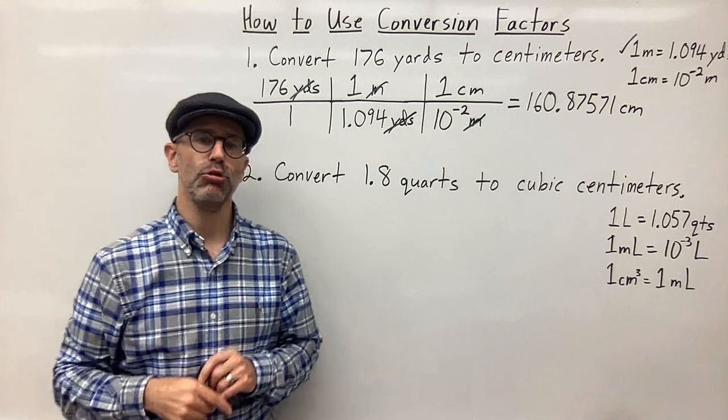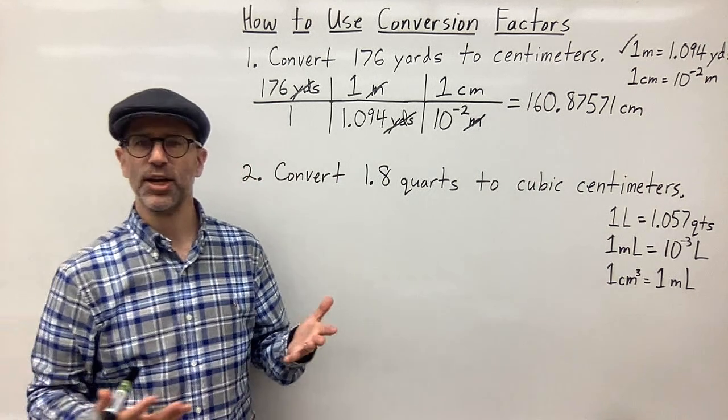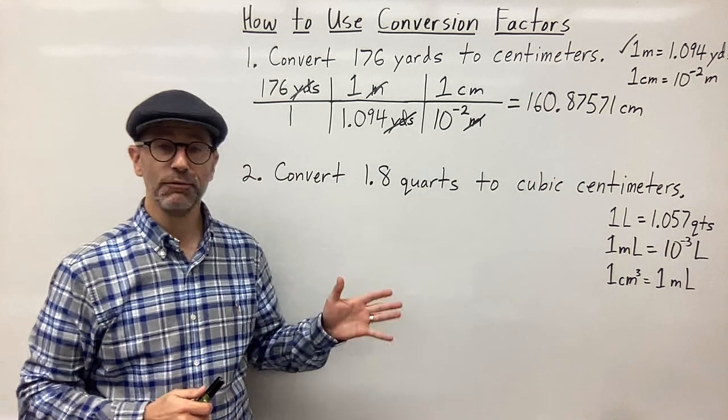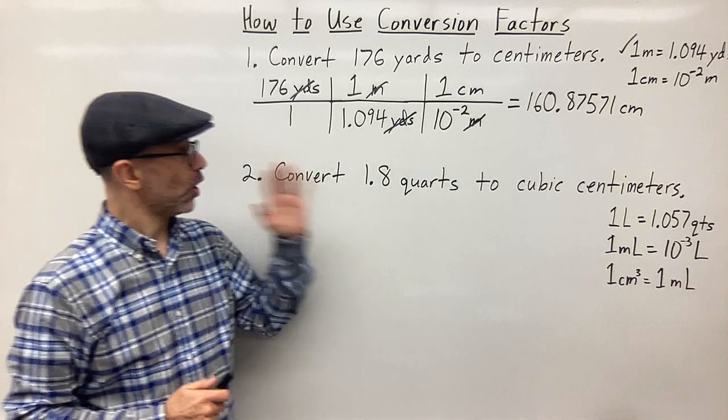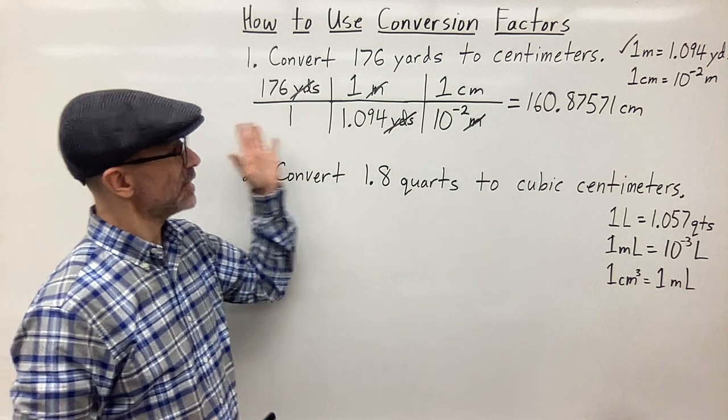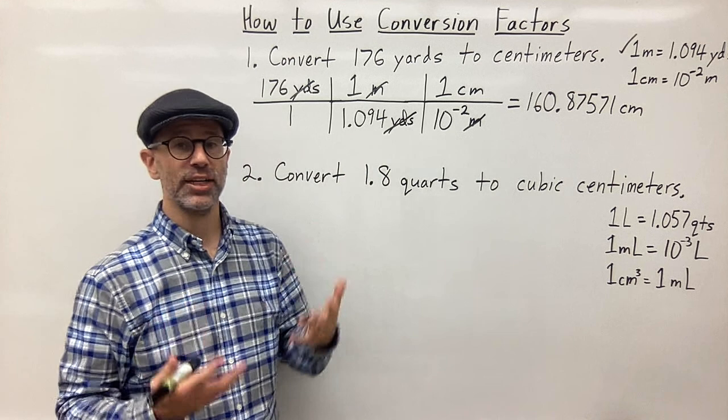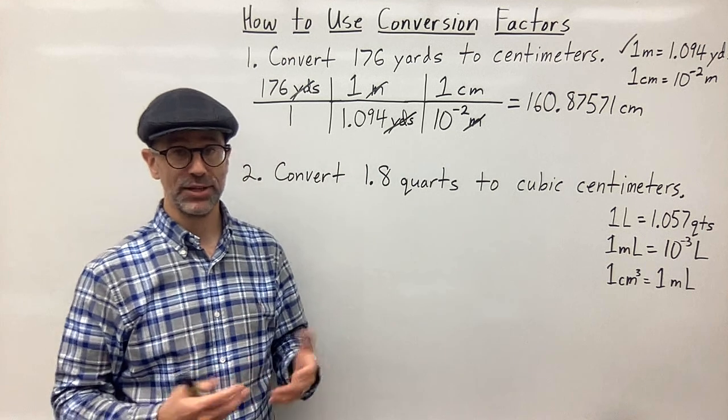For those of you who want to know how to figure out the significant figures, how many digits am I allowed to keep here? Since we're multiplying and dividing, you need to remember the rule for multiplication and division.